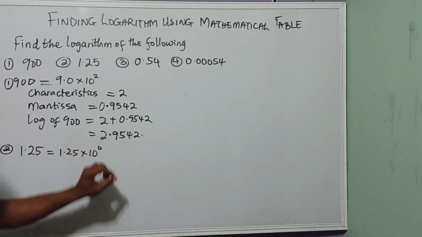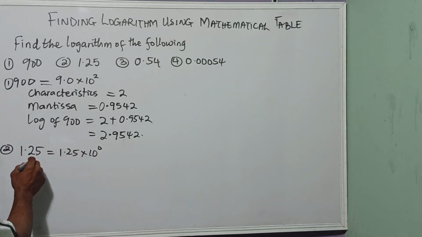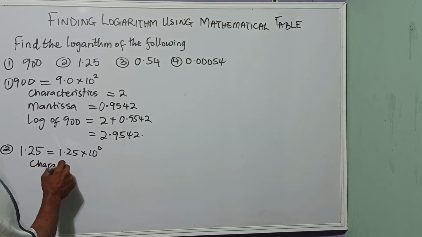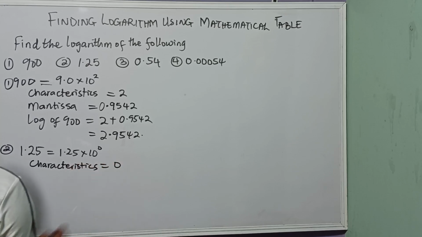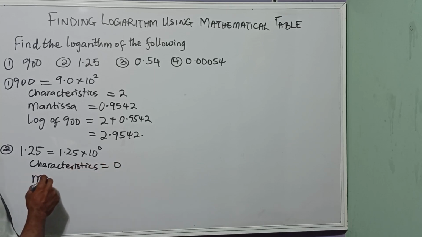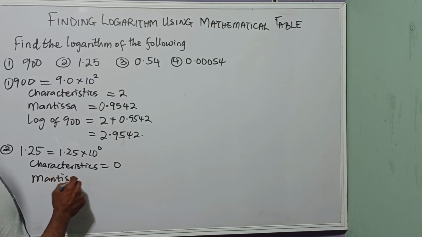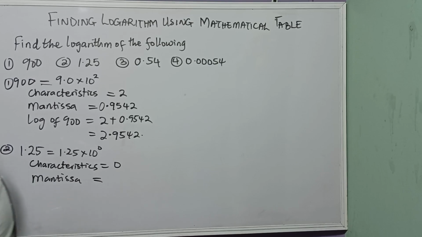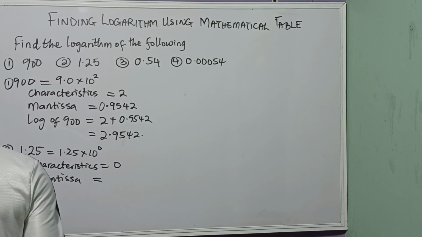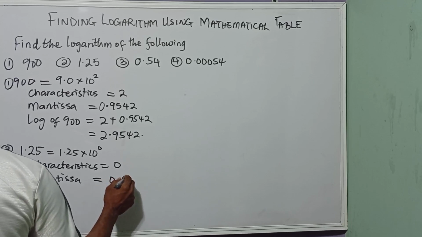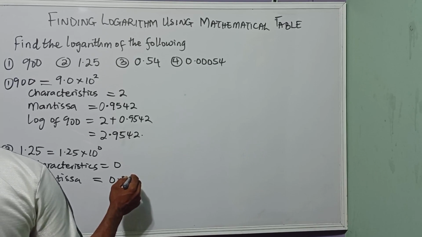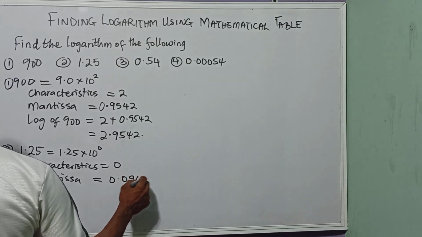So our characteristics will be 0, and mantissa would be 12 under 5. Now looking at our log table, we have 12 under 5 as 0.0969.